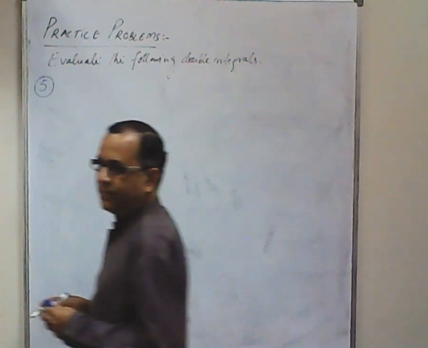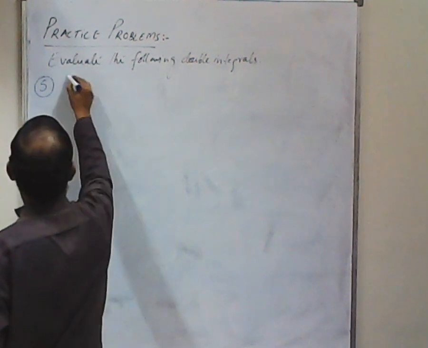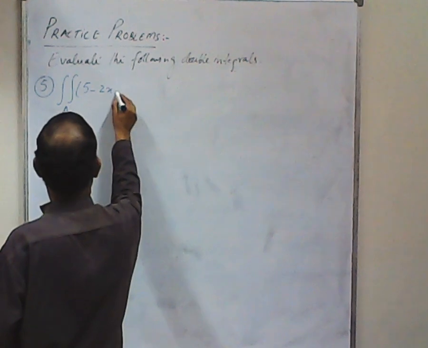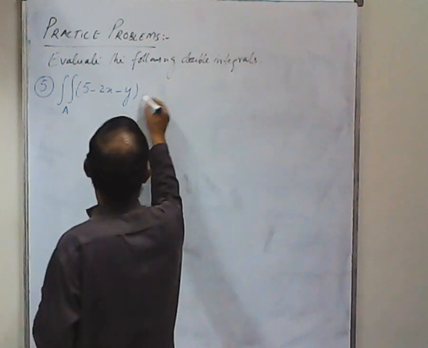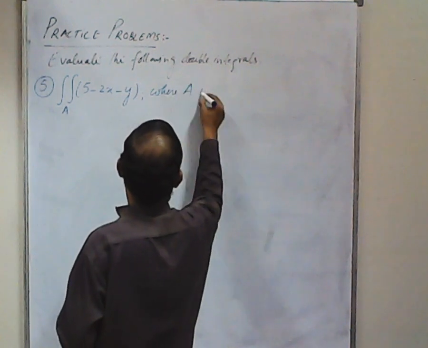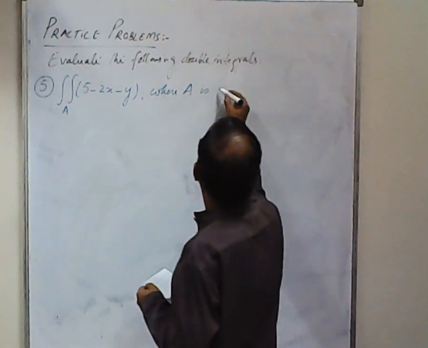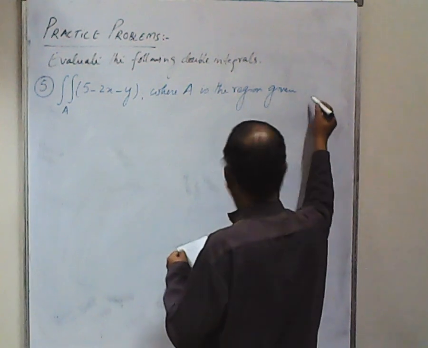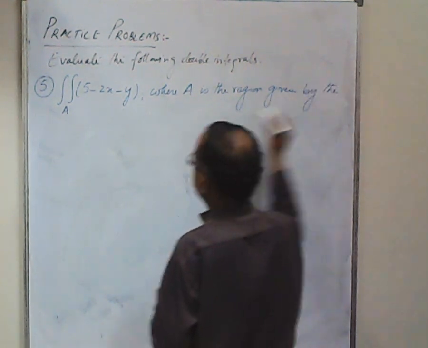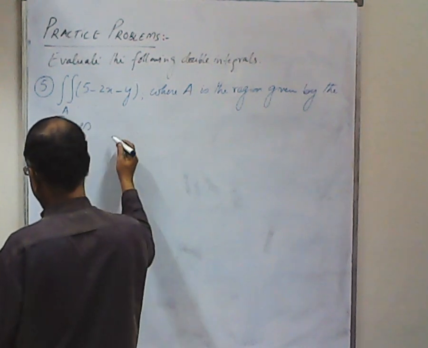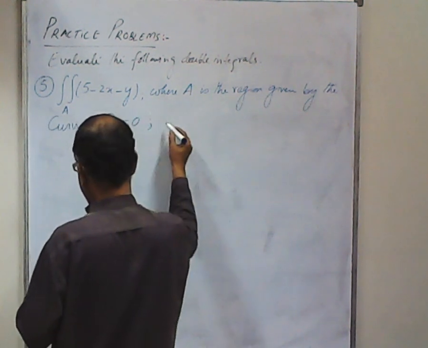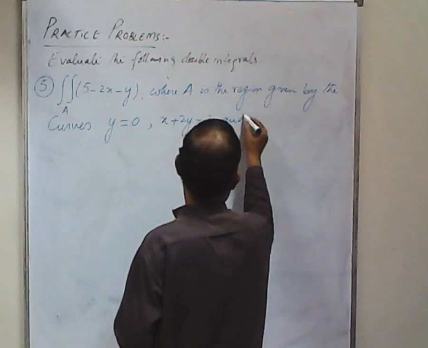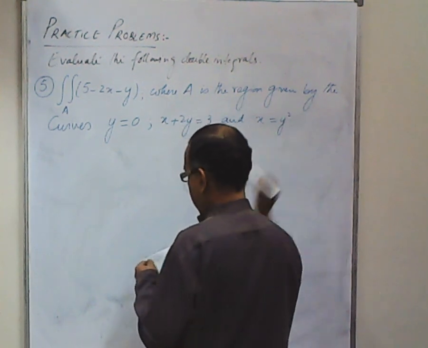Number 5, double integral over the region A, the term is 5 minus 2x minus y, where A is the region given by the curves y equal to 0, x plus 2y equal to 3, and x equal to y square.